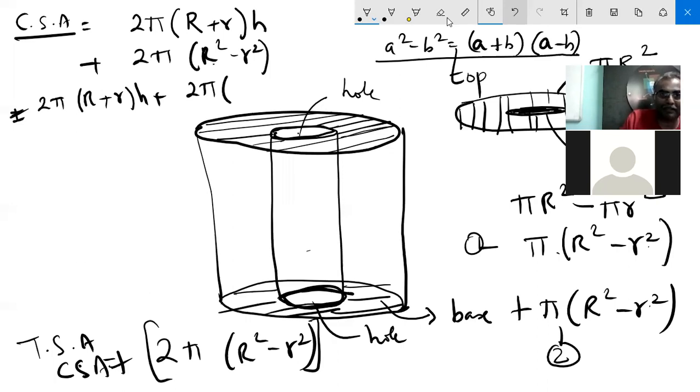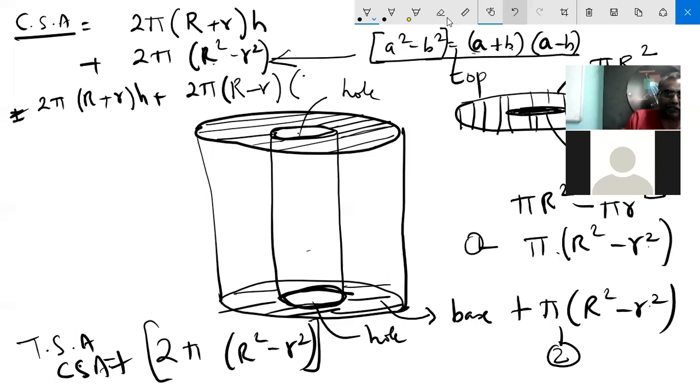R squared minus r squared அப்ப என்னன்னு எழுதலாம்? இந்த ஃபார்முலா அப்ளை பண்ணா a squared minus b squared ஃபார்முலா அப்ளை பண்ணா big R squared minus small r squared எப்படி எழுதலாம்? R minus r into R plus r.